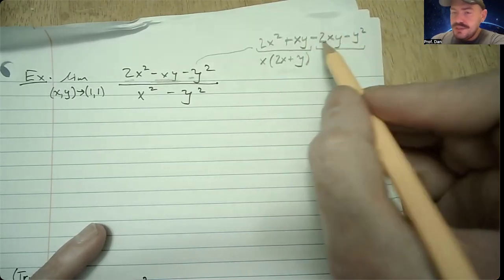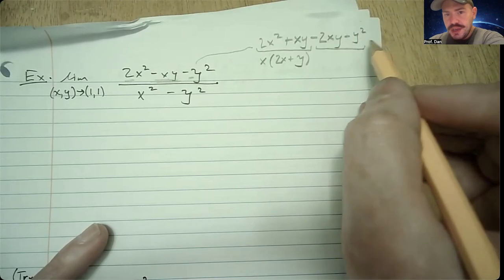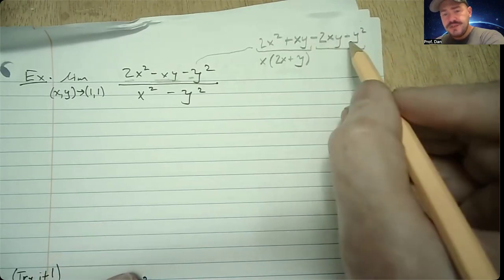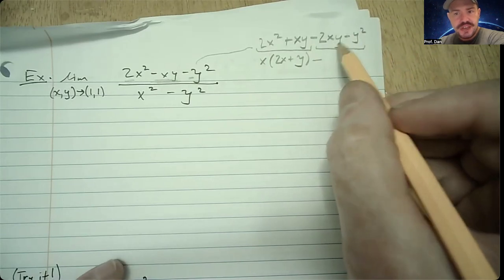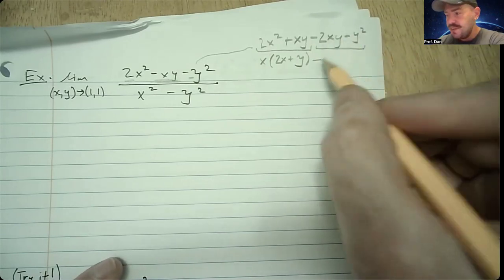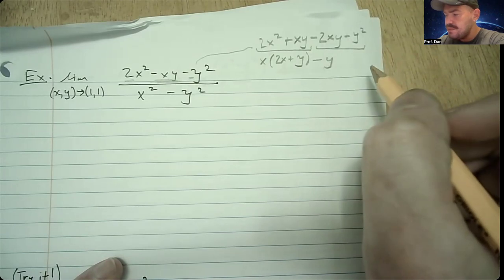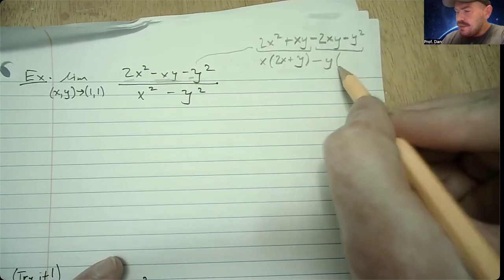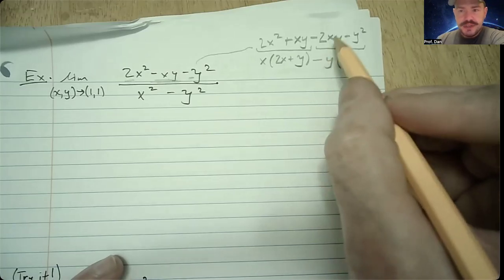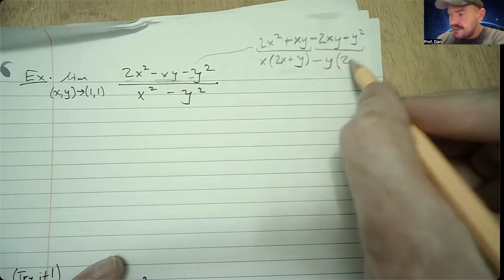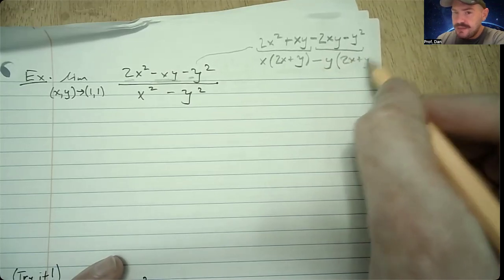Now look at the last two terms. I notice that both terms are negative, so I can factor a negative out. And both terms have a factor of y, so I can factor y out. Then when I do that, what would I have to multiply minus y by to get these? 2x plus y.